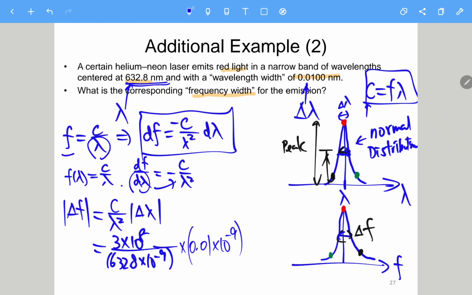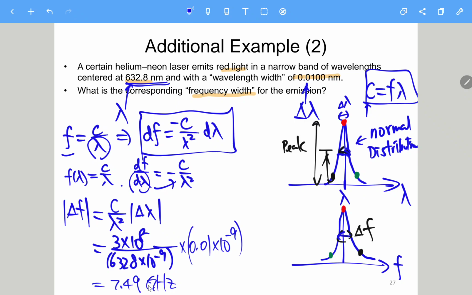Okay, so you can really get that delta f is actually 7.49 gigahertz. Okay, the width here.